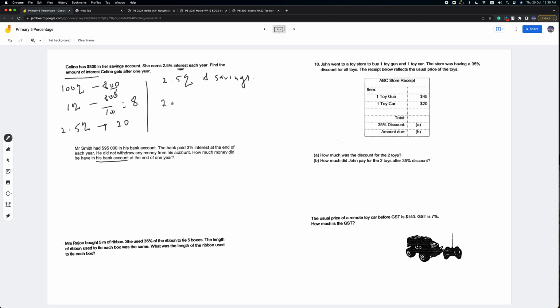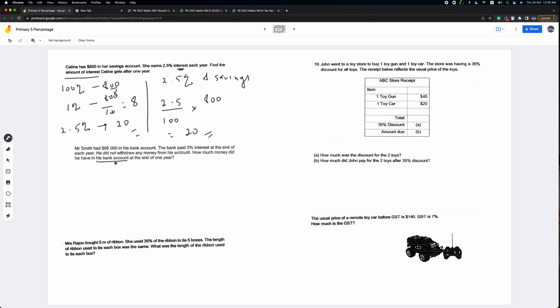So it will be 2.5, not 25. I think I said 25 just now, but it's 2.5 over 100. We change it to fraction. Don't worry about the decimal, since you can use calculator anyway. Times 800. So if you punch in the numbers, what do you get? You get $20 also. Same answer. Up to you, which one you prefer.